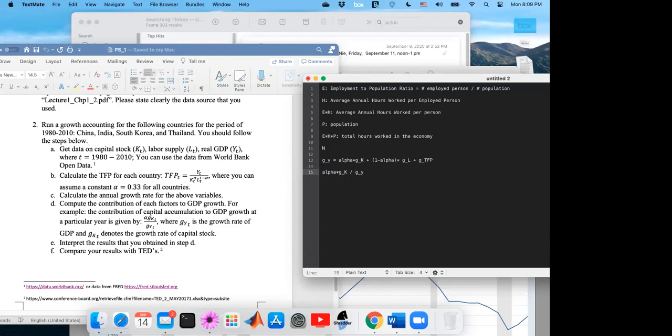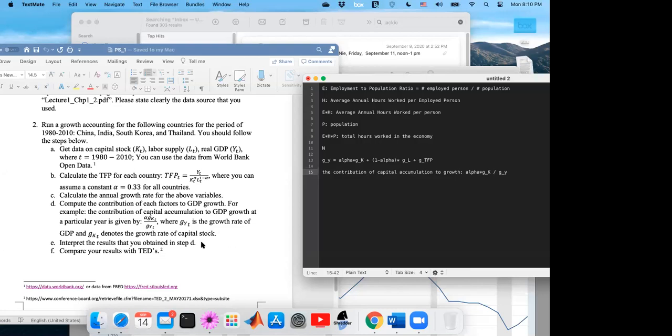The contribution of capital to growth, right? More specifically, it's the contribution of capital accumulation. Okay? Is that clear?